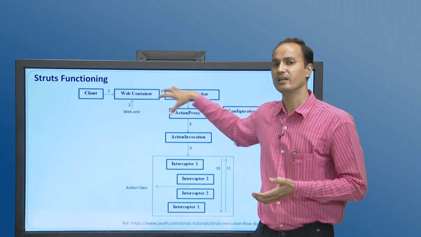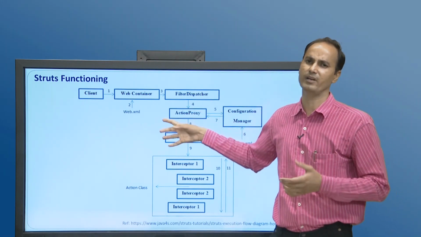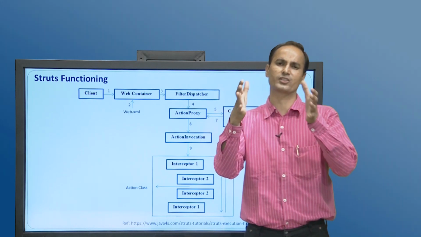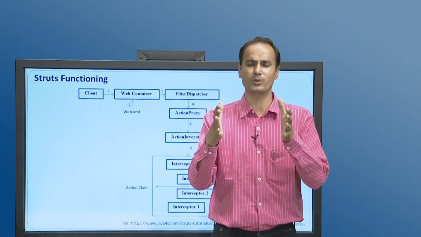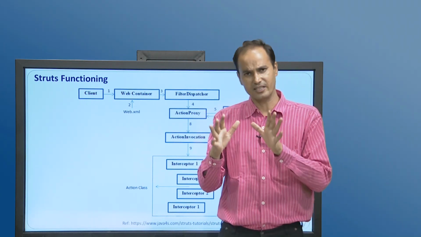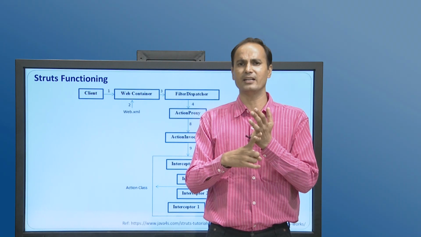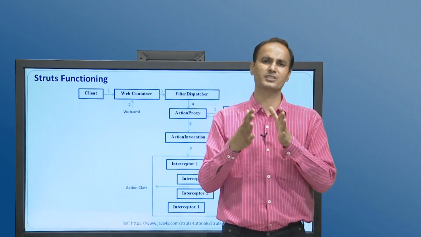Generally, the struts.xml file and the web.xml file play a vital role in the overall Struts application execution environment, because the most important mappings are in the struts.xml file, and the rest of the functionality lies with the action class and interceptors. The action class plays a vital role.